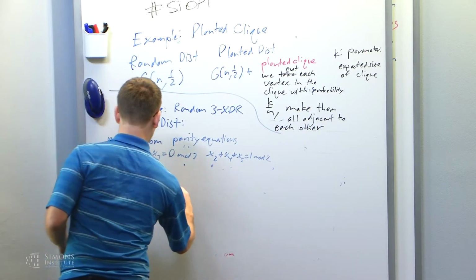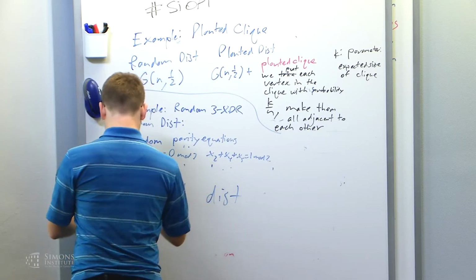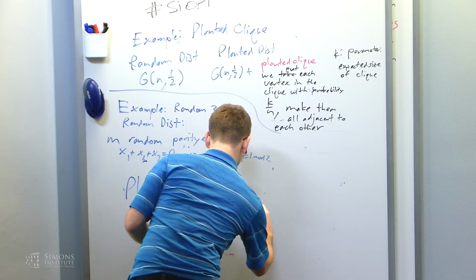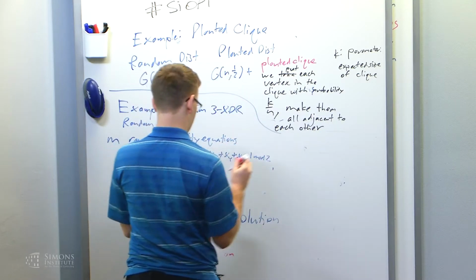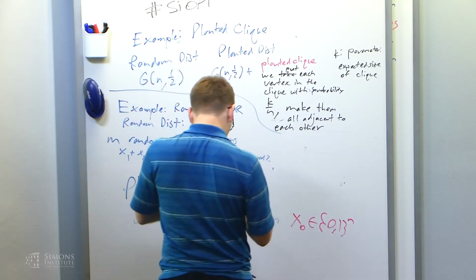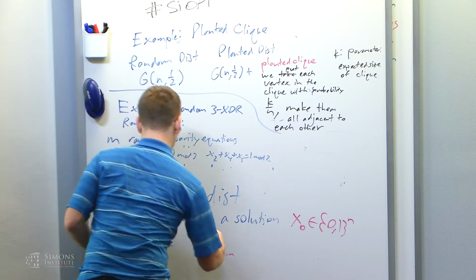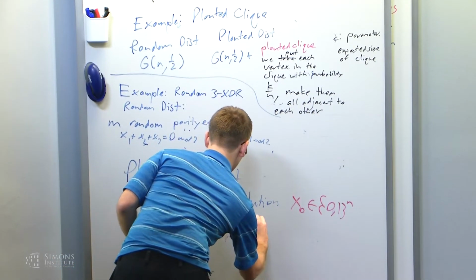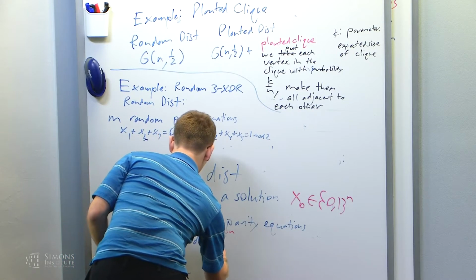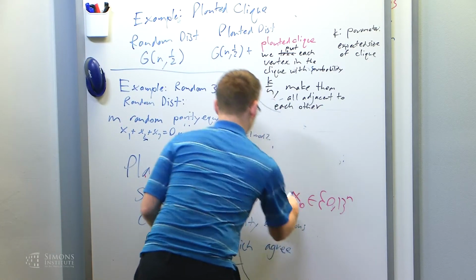And then for the planted distribution, I'll start with a random solution x naught, and then we'll choose m constraints, or m parity equations, at random, but under the condition that they agree with our chosen solution x naught.